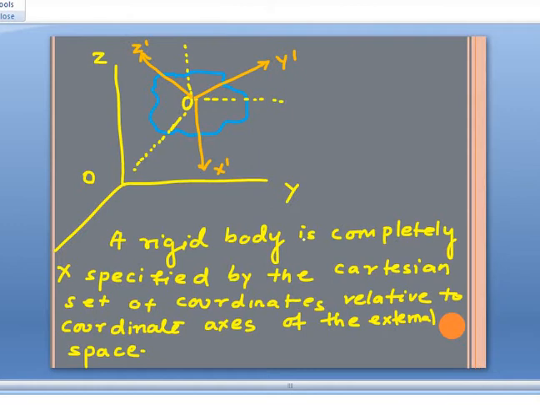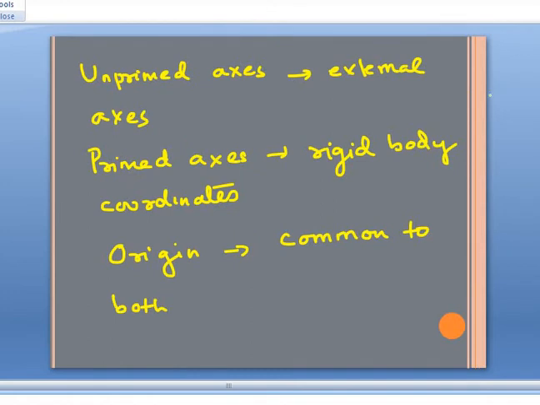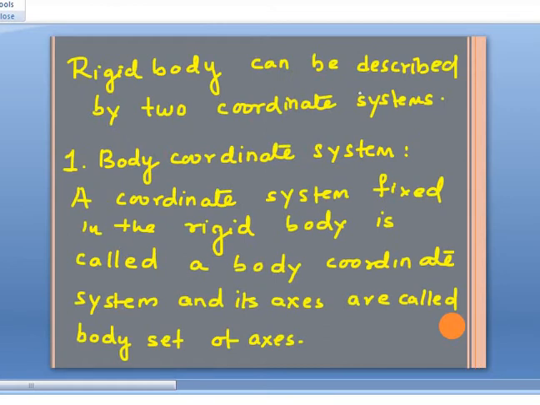A rigid body is completely specified by the Cartesian sets of coordinates relative to the coordinate axes of the external space. Here the unprimed axes are the external axes, the primed axes are the rigid body coordinates, and the origin is common to both. So that gives the orientation of the rigid body with respect to external space. That's what we mean when we say two sets of coordinates. A rigid body can be described by two coordinate systems.